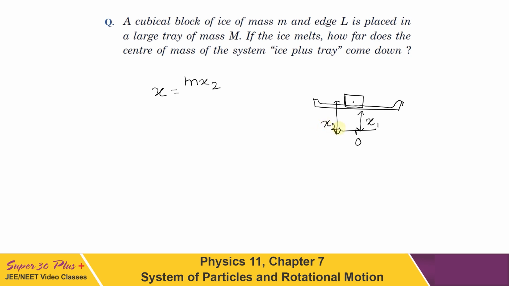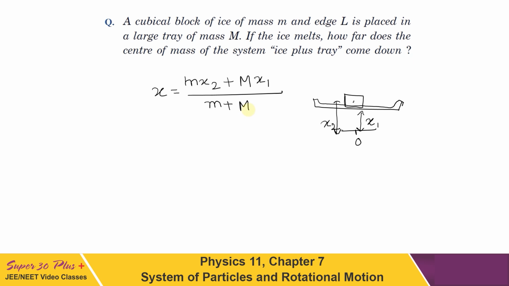Now we get m x2 plus capital M, which is for the tray, multiplied with x1, upon the whole mass, that is m plus M. This is the location of the center of mass of the whole system with respect to the considered origin.